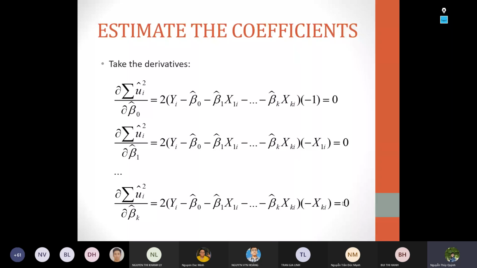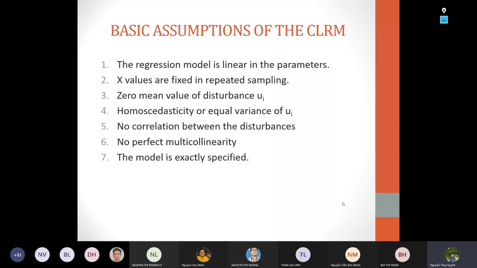The basic assumptions of the classical linear regression model applied to multiple linear regression models. We have discussed the basic assumptions of the classical linear regression model in chapter 2, and we also call them the basic assumptions of the OLS estimation method.